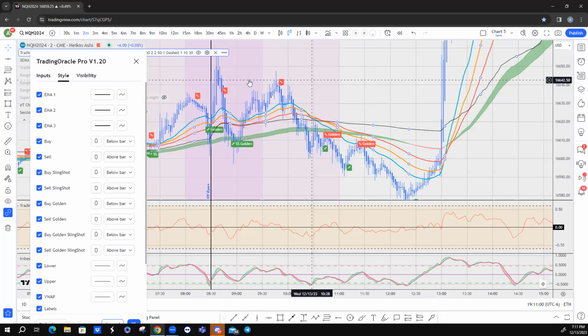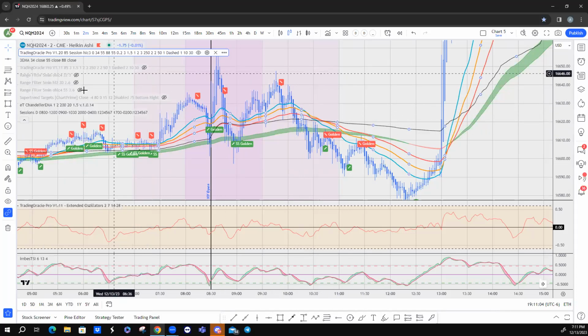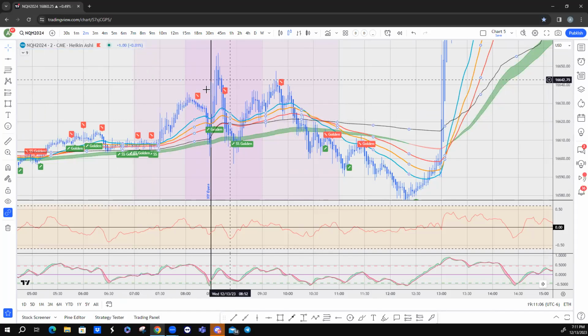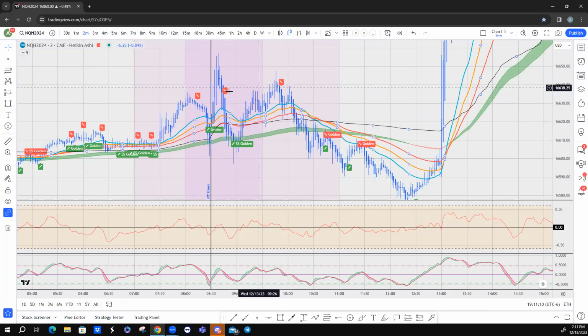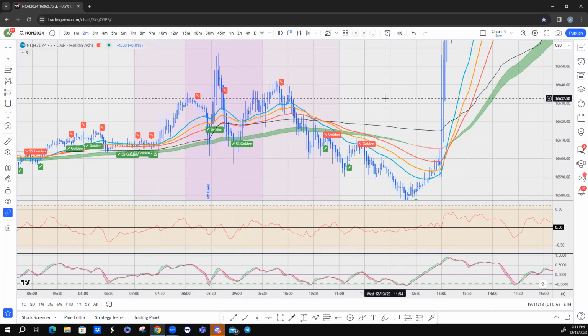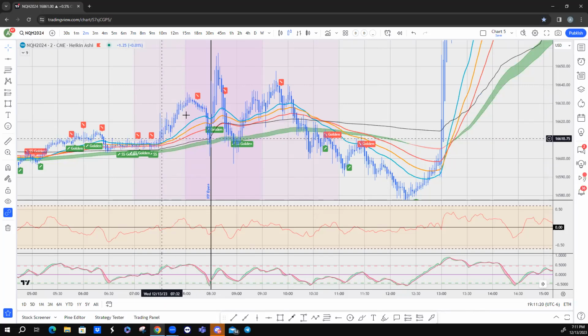So for me, I like to have things on only because I trade divergences. So these additional signals up here really help me with that, as the regular golden signals help me for that as well. So let me explain the EMAs real fast.